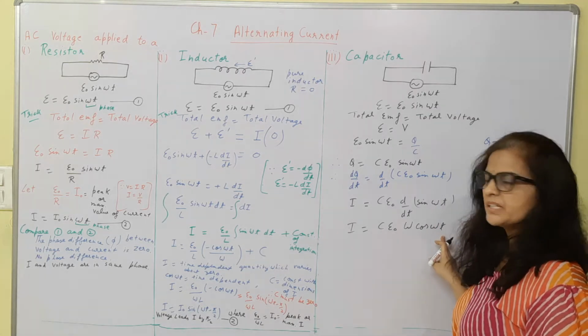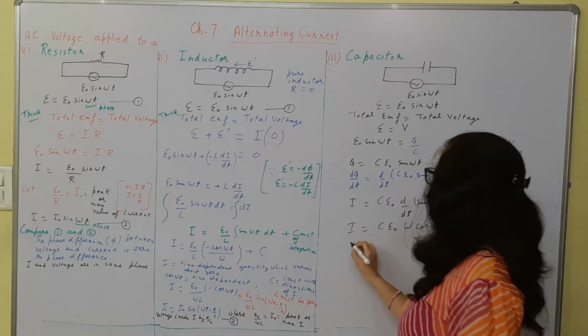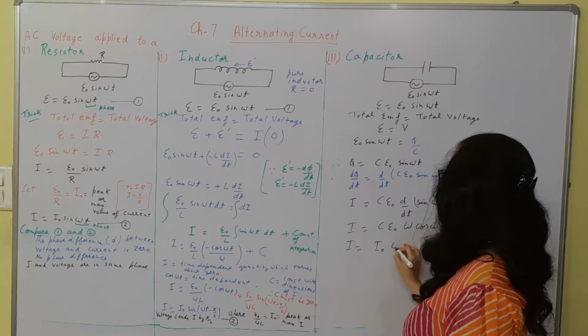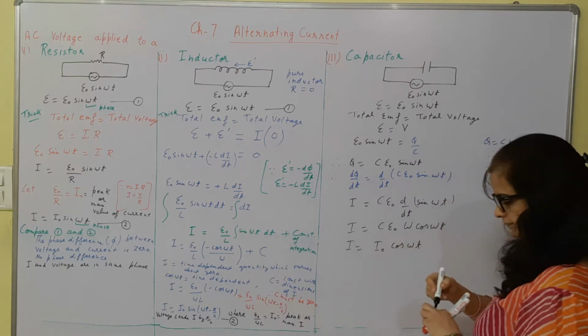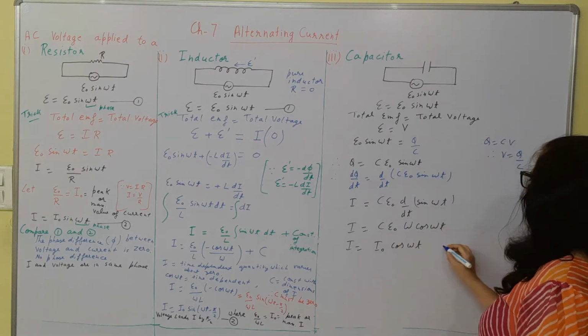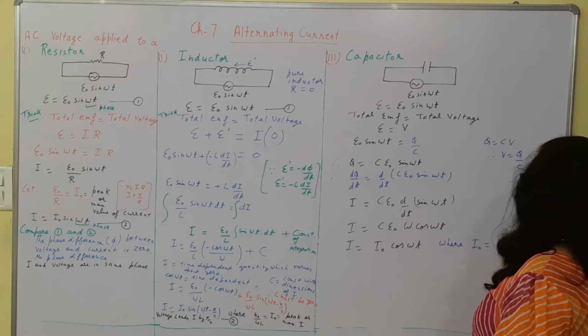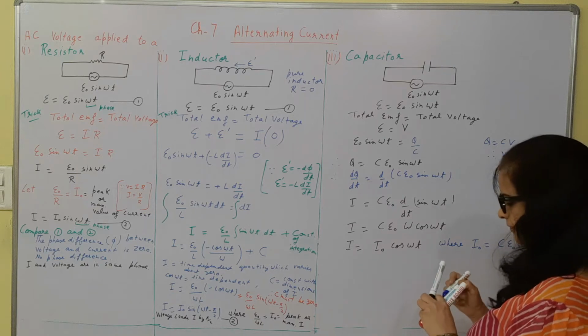Now this is not simply t, so this omega will be multiplied here. Now this can be written in this form, where I naught is equal to C E naught omega.